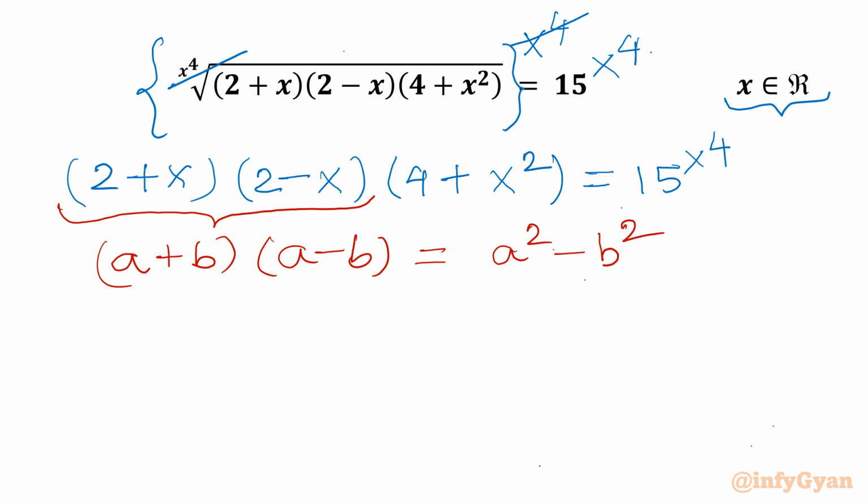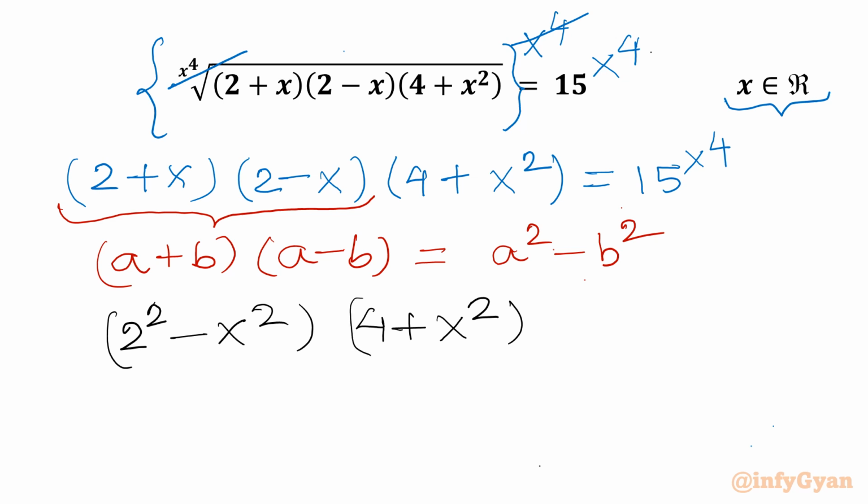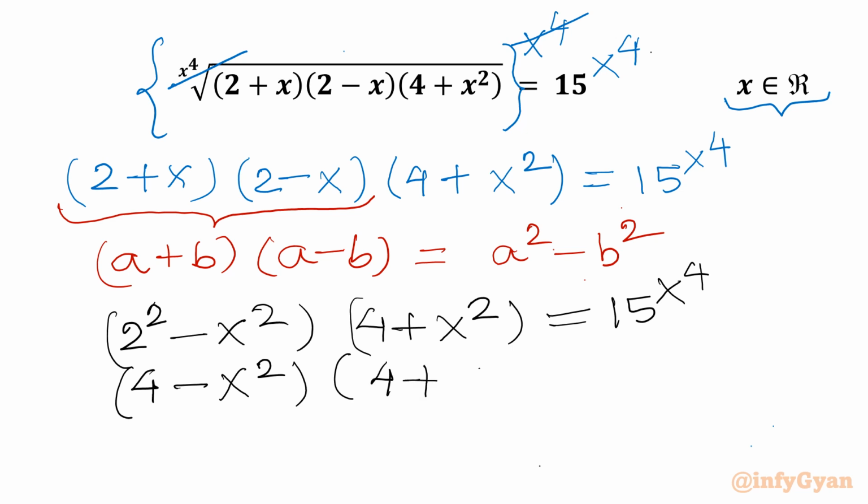So I can write our equation as 2 square minus x square and then 4 plus x square. Right hand side is 15 to the power x to the power 4. Now I can write this as 4 minus x square times 4 plus x square, and RHS will be unchanged.